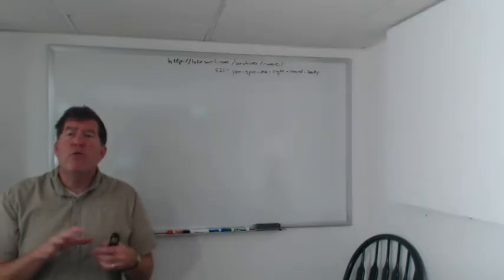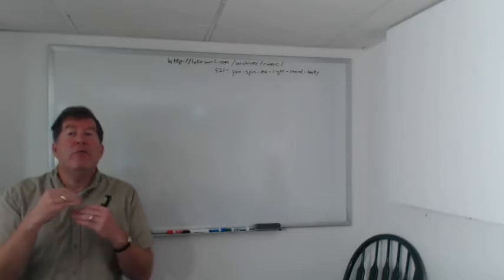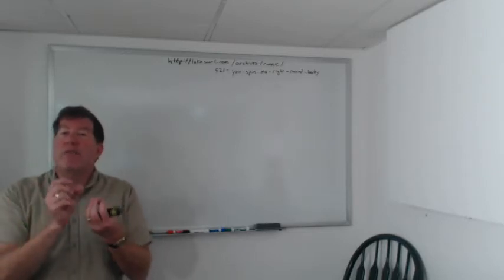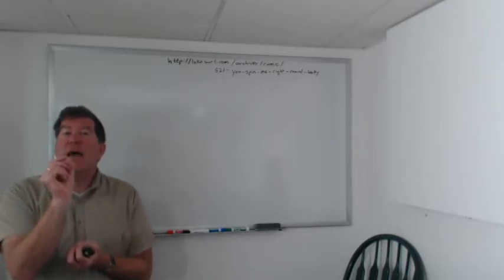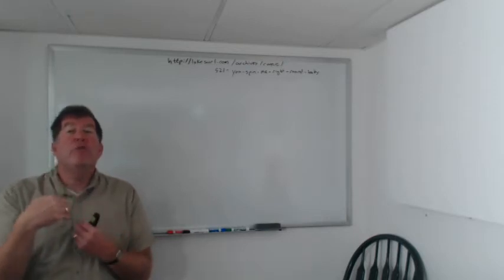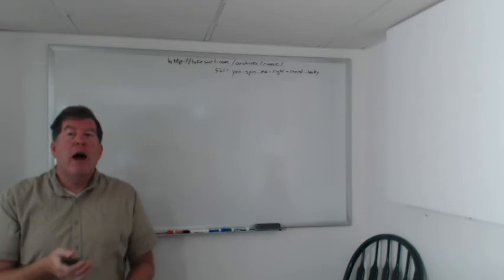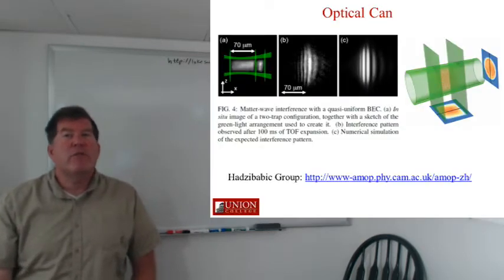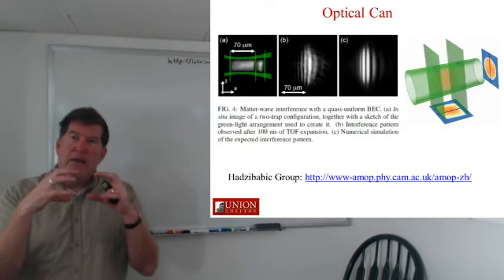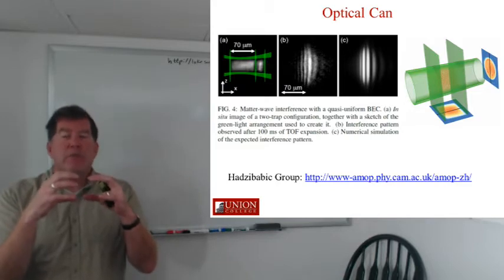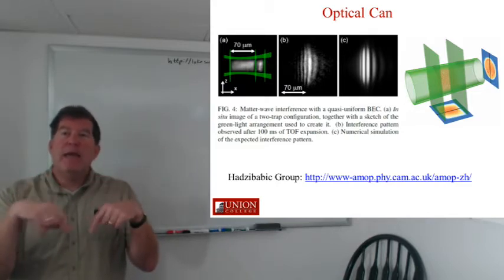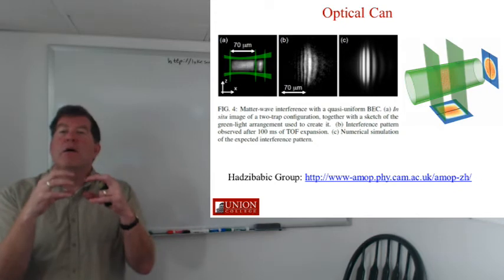You can also use light that's tuned not to the red of resonance, where you make a trap that catches the atoms in the bright spot, but you can tune to the blue of resonance and push the atoms away from your laser beams. And there's some really interesting experiments people do where they make confinement for the atoms by making sort of a hollow beam of light.